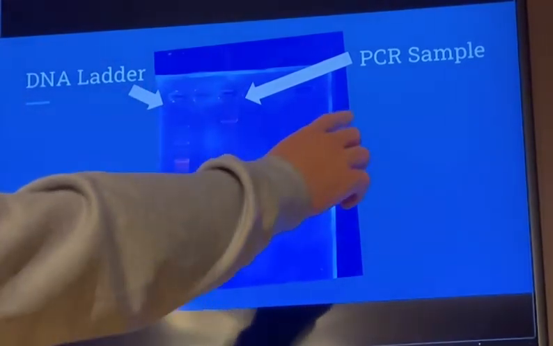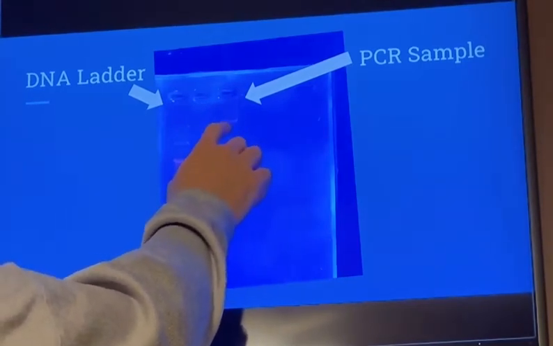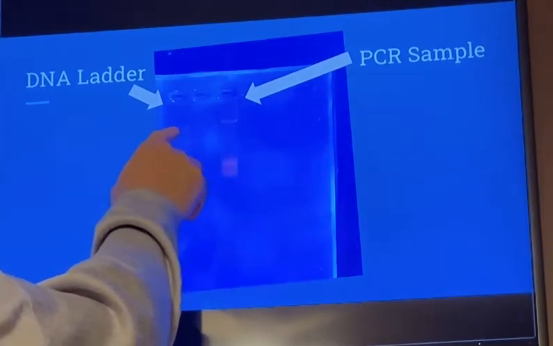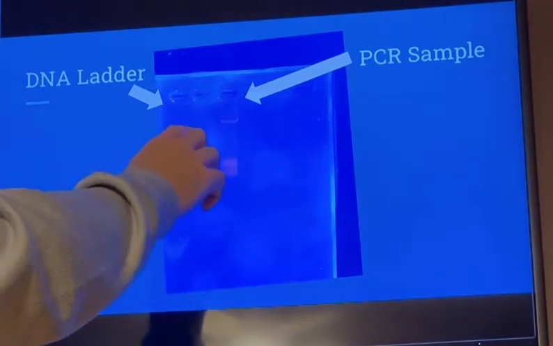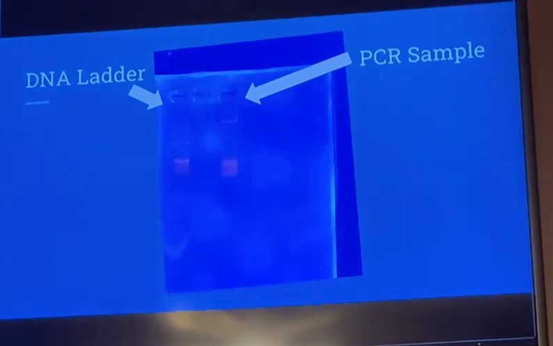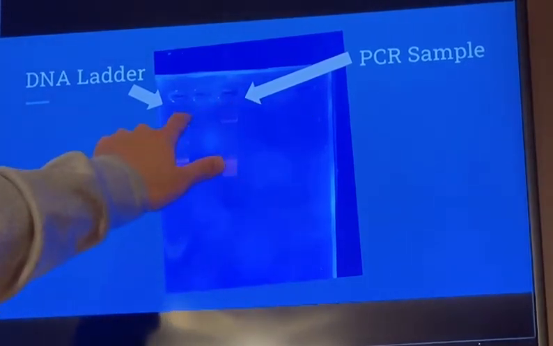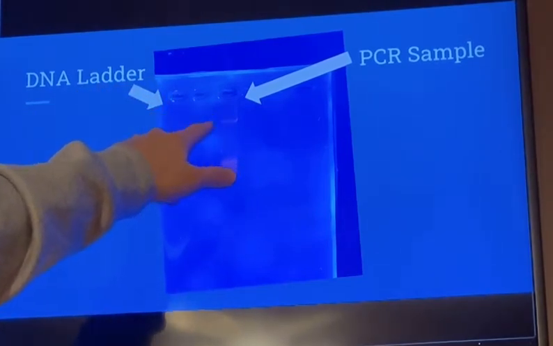So for example, right here, this is my PCR sample, and you can see a bright band right around the 6,000 base length, or 6 kilobases, same thing. Either way, we know that because right here and right here it lines up.